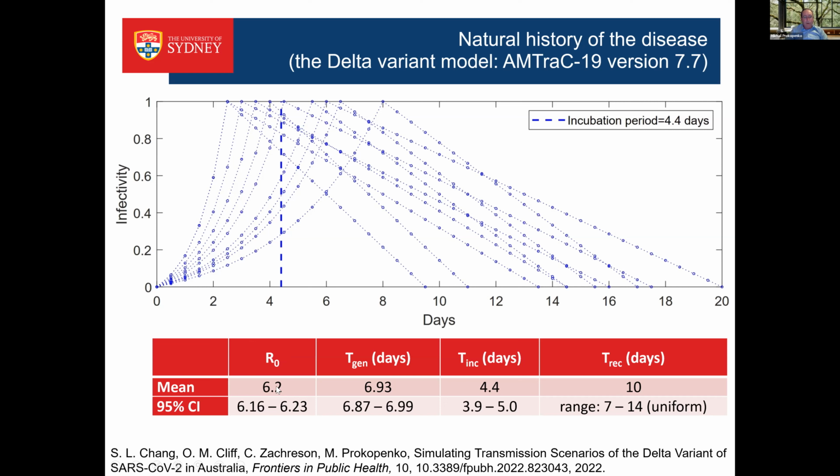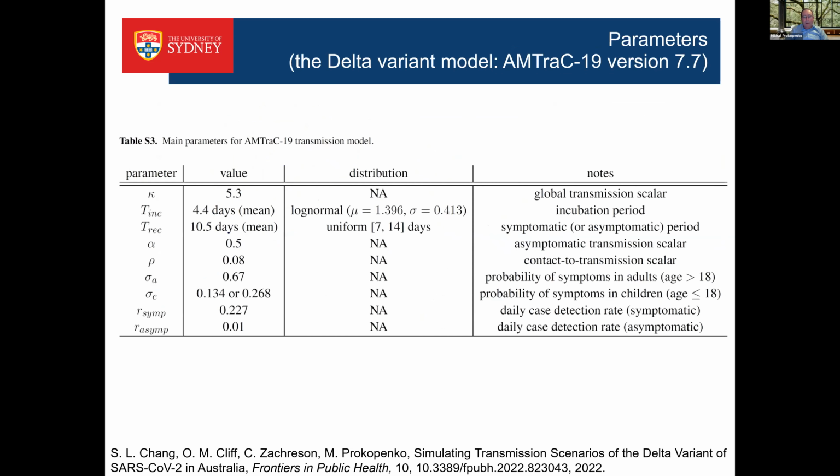And the mean R0 was around 6.2, which is much higher. I'll skip this parameterization. It shows you, however, the extent of parameters that you may need to think about. It's not a mind-boggling number of parameters, a dozen at most, right?